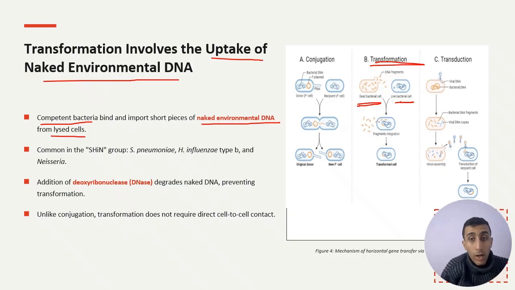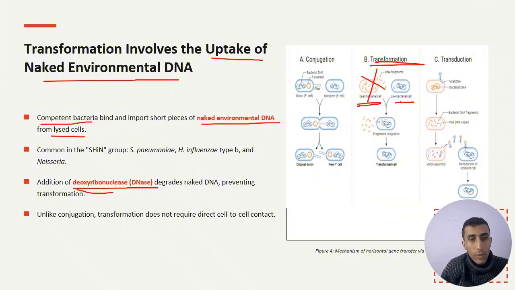And we prove that by adding deoxyribonuclease, or DNase. If we add DNase, it is going to break these free DNA fragments, and the transformation is going to be halted, and this proves the process of transformation. So this is the experiment of adding deoxyribonuclease.